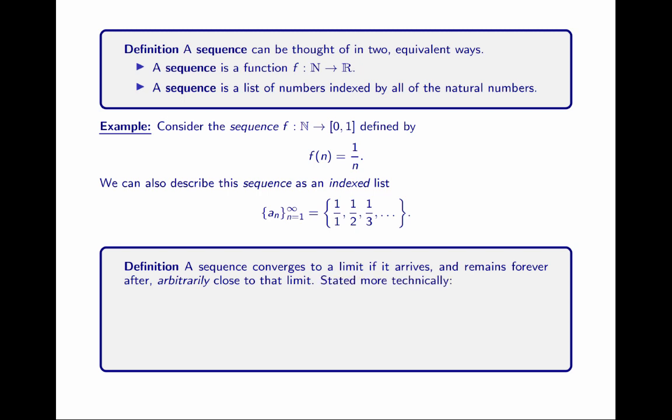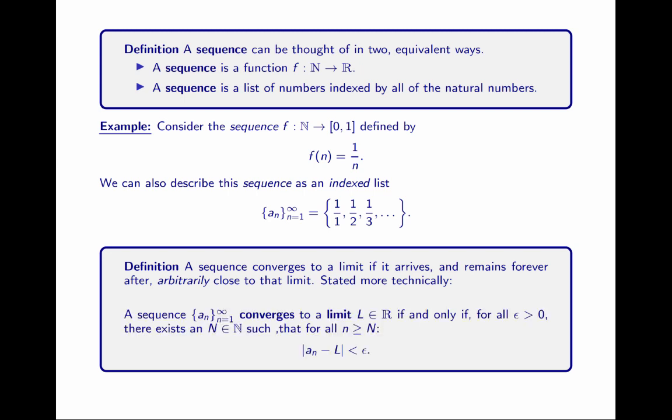Stated more technically, using mathematical jargon, we say a sequence converges to a limit L, which is a real number, if and only if, for all positive epsilon, there exists a natural number big N such that for every single little n greater than or equal to big N, the difference |a_n − L| is less than epsilon.